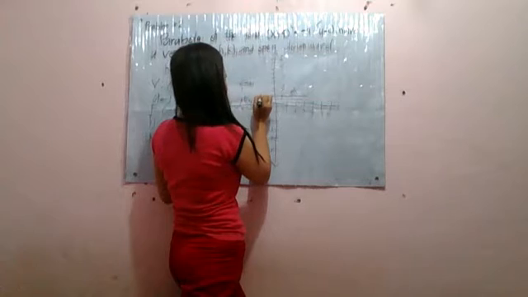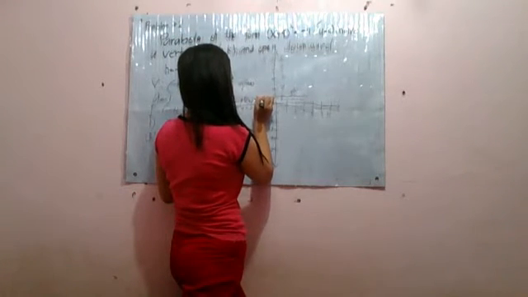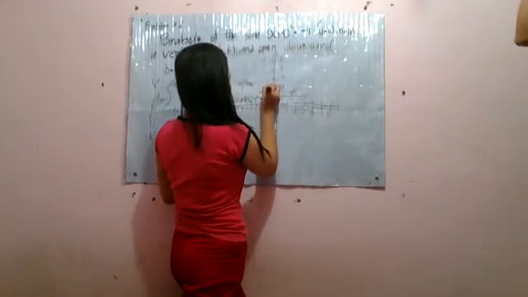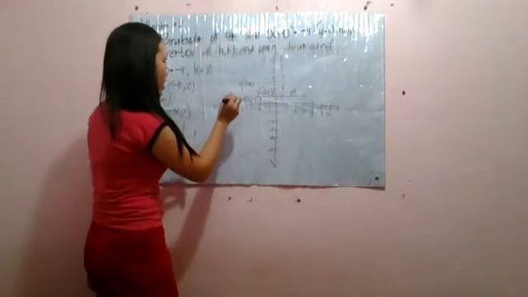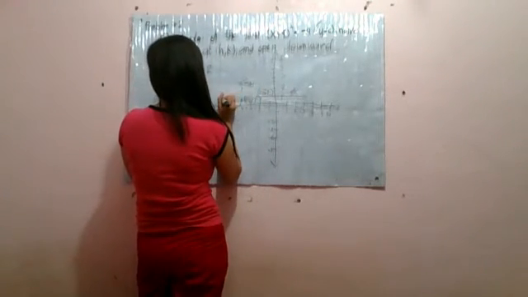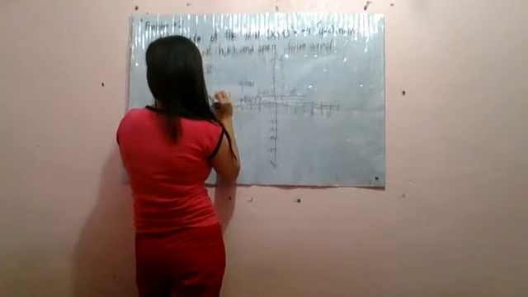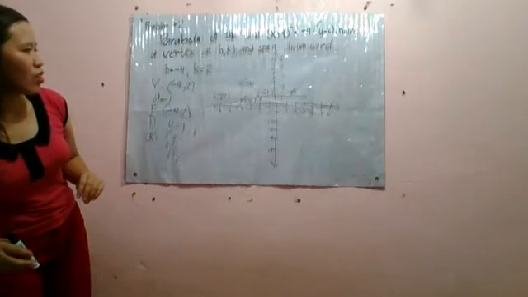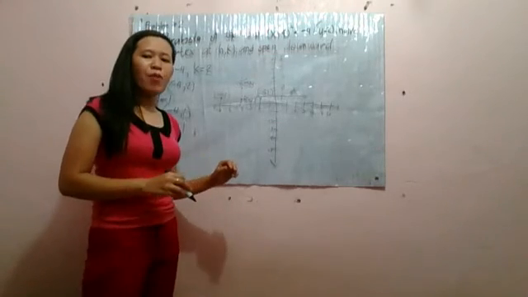So here is an endpoint, negative 2, 1. And to the other side, 1, 2, negative 6, 1.